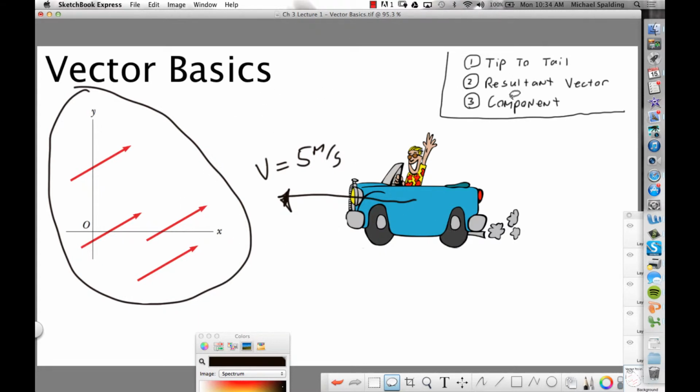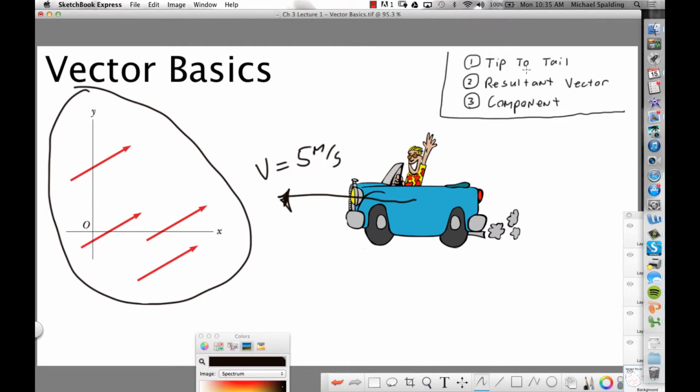All right, now in your notes, I want you to write down these 3 terms and leave space to write something about each one. Write down the phrase tip to tail, the term resultant vector, and the word component. These are 3 very important words.